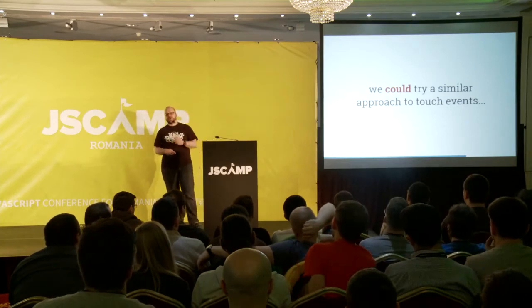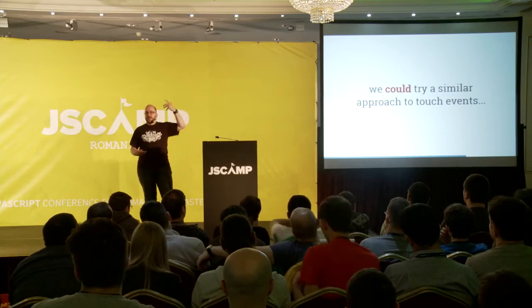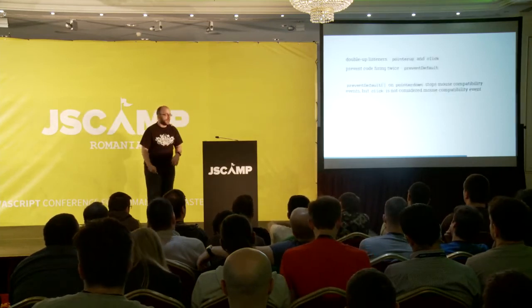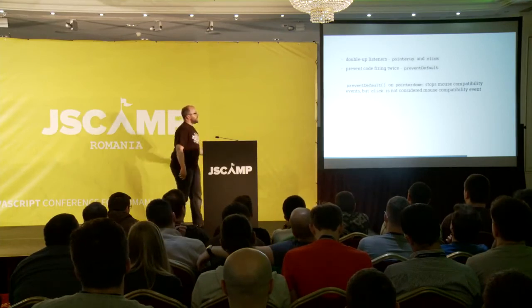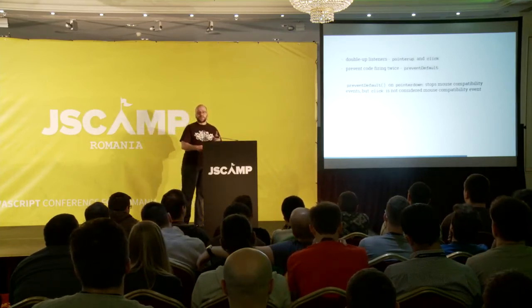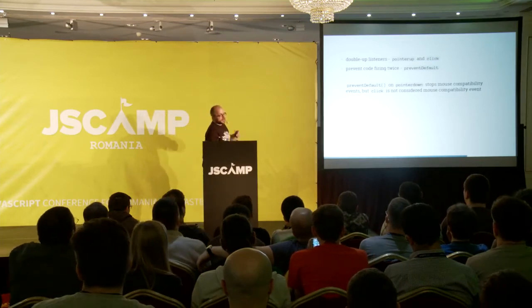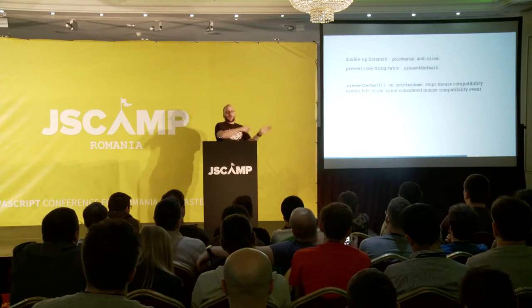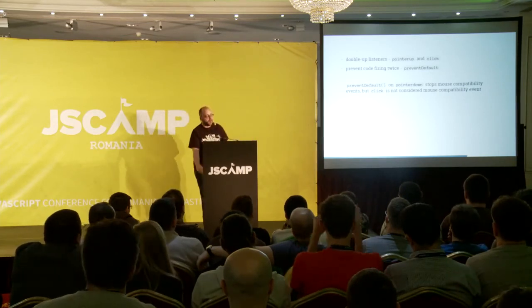Well, we could try to do what we did before. If you remember, it was to react to any kind of event upstream from that 300 millisecond delay. But that starts getting a little bit hairy. So you double up your event listeners, say pointer up will be a good candidate, when the finger is removed from the screen, and doing pointer up and click, because we don't want to make it specific to that particular model.